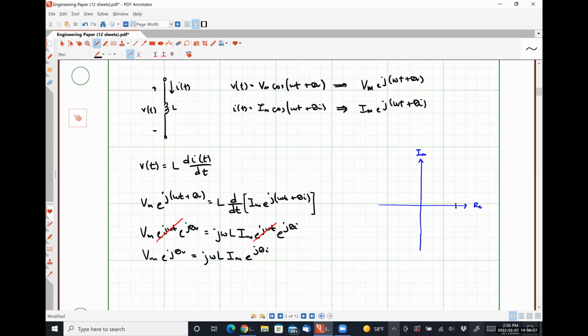If I go out 1 unit in the real direction, this is 1 plus j0, which is the same as 1 e to the j 0 degrees, or 1 angle 0 degrees.